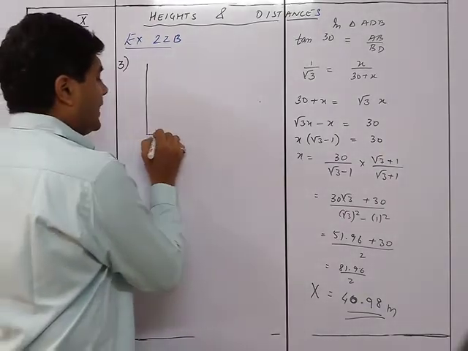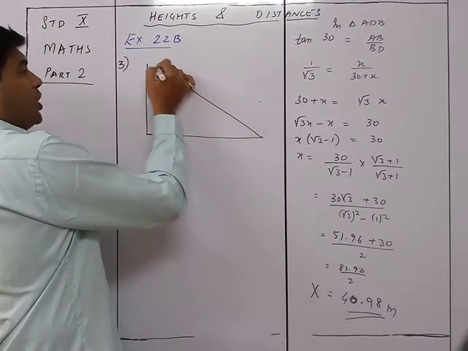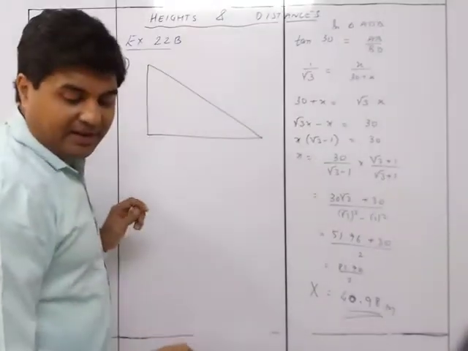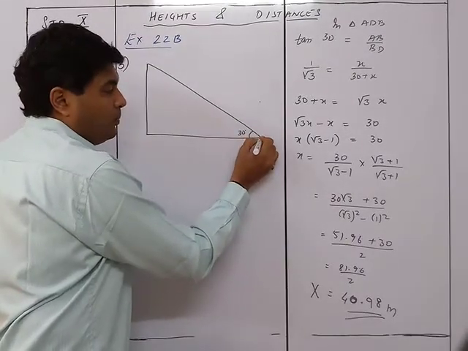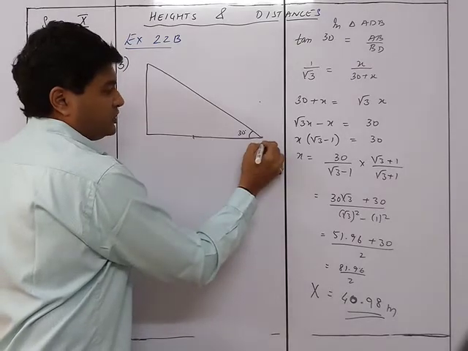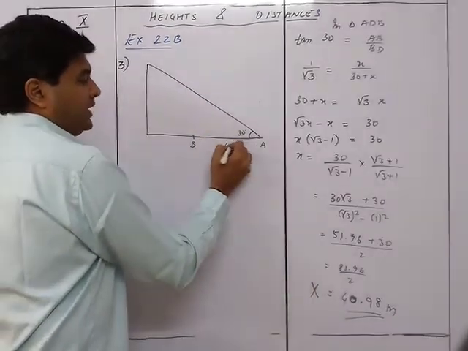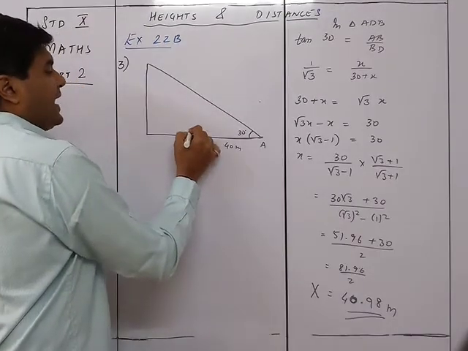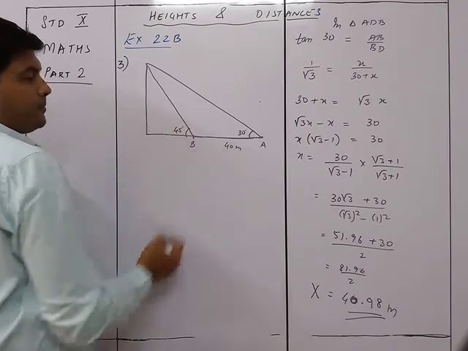So when you are away over here and looking at the top of the building, you are making an angle of 30 degrees. But when you move 40 meters here and reach this point, so this was point A, when you reach point B, which is 40 meters from here, then the angle of elevation becomes 45 degrees.